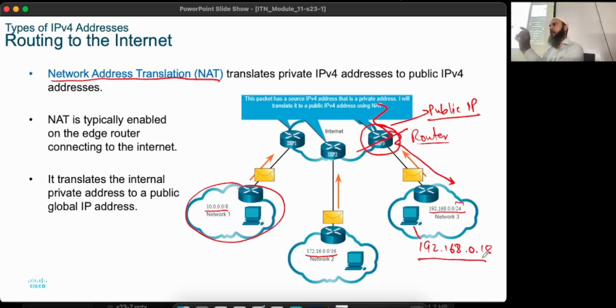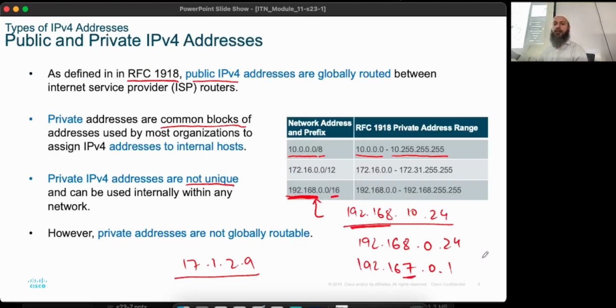If you look at an address, there is no public or private portion. Any IP address that you see is either going to be public or private. This one is private. Why? Because it falls in this range. If you look at an IP address and you ask, is it public or is it private? You see if it falls in this range, then it's private.